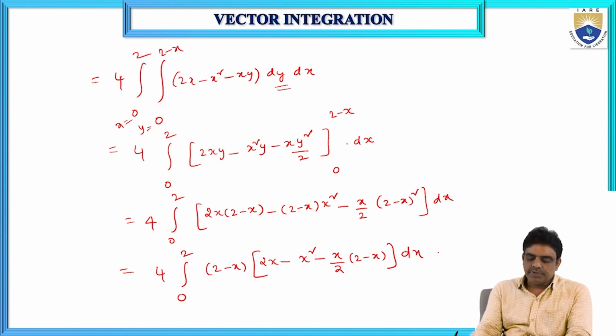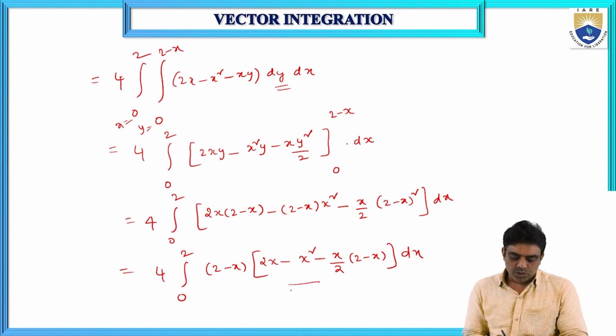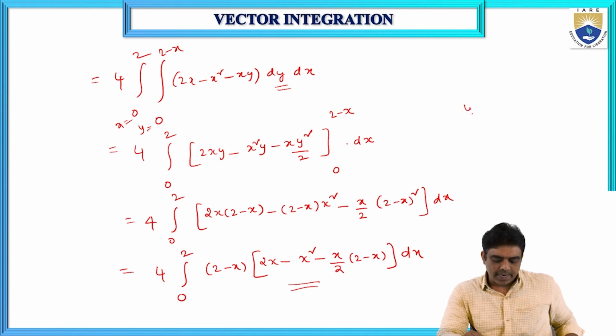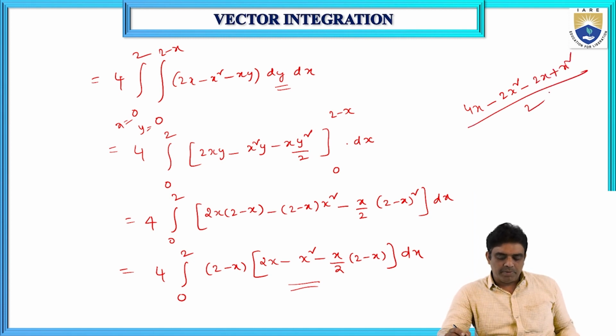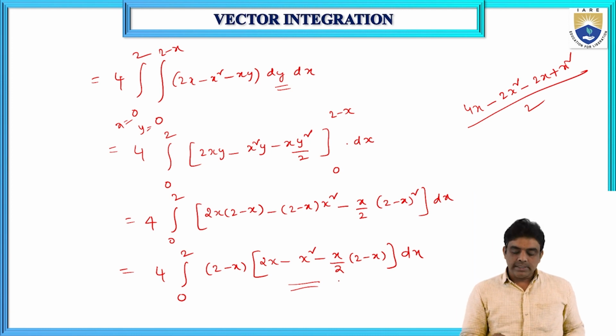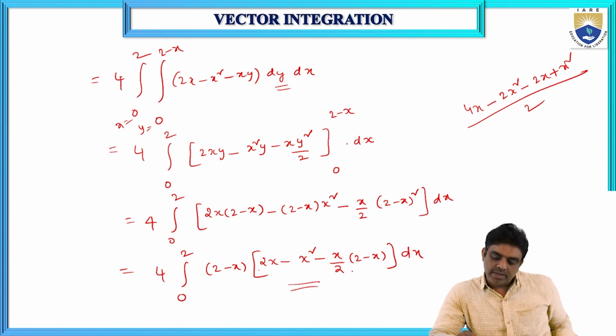of dx. Just for simplification purpose, you see inside the bracket 4x minus 2x square minus 2x plus x square by 2. I'm simplifying with LCM 2. Inside the bracket 4x minus 2x square minus 2x plus x square. So what is the value?